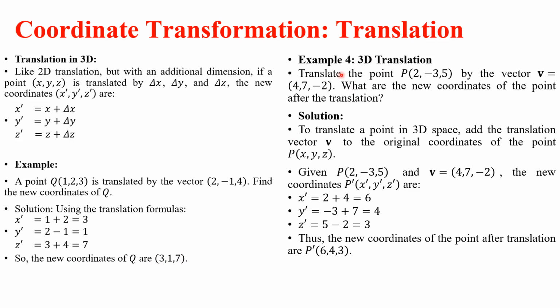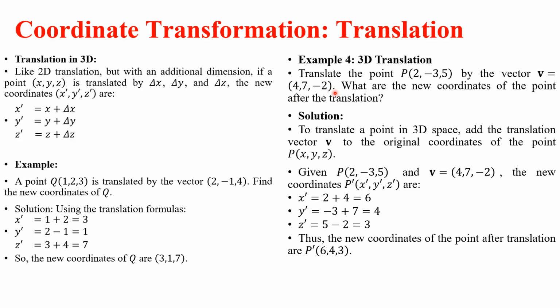So another example here: translate the point P with coordinate 2, -3, and 5 by the vector 4, 7, and -2. What are the new coordinates of the point after the translation?